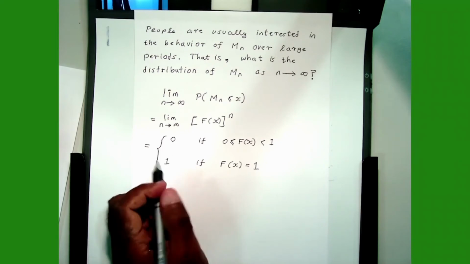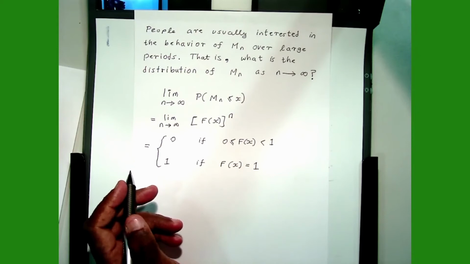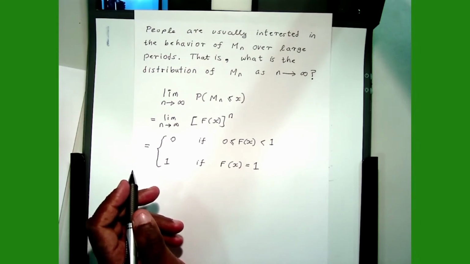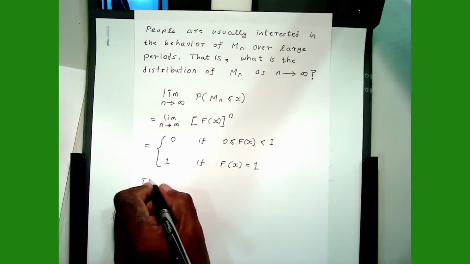So the limit distribution is either 0 or 1, which is not something that is very useful.